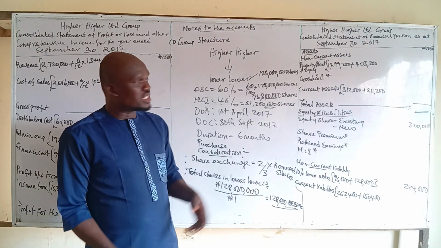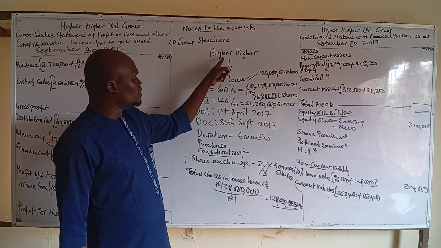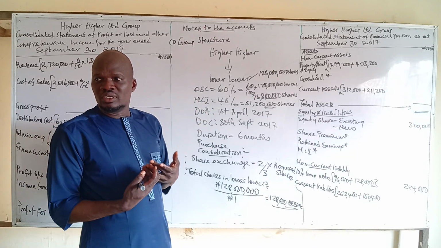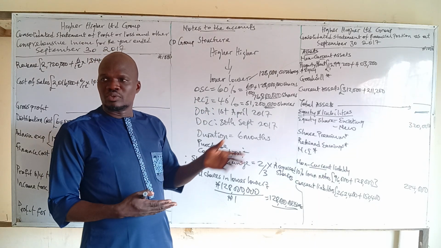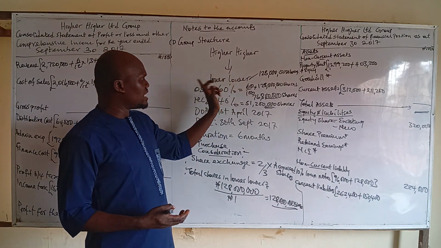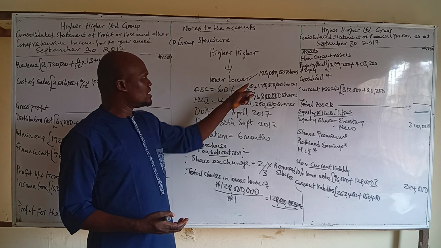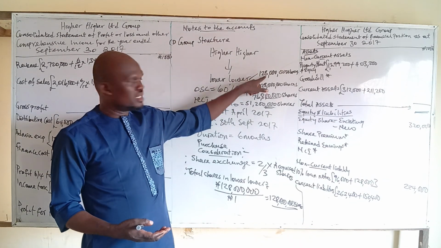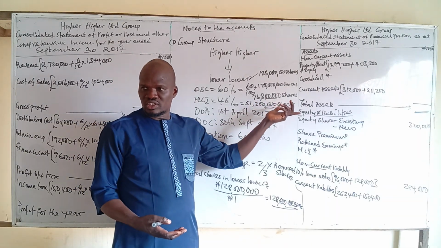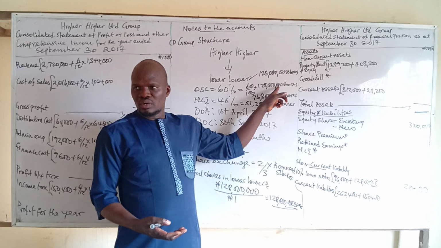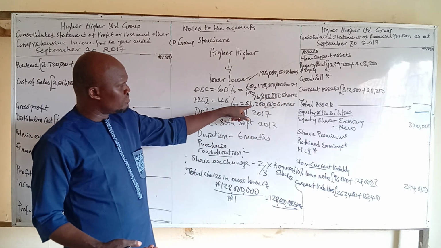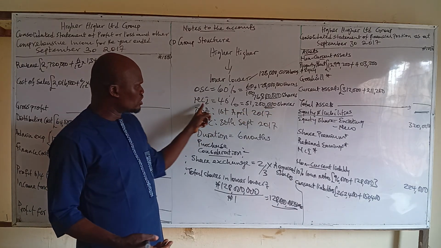There are two owners here: the first is III, the parent, and the second is NCI. The shares attributable to the parent is 60% of 128 million shares, which gives 76,800,000 shares. The remaining 51,200,000 shares belong to NCI.